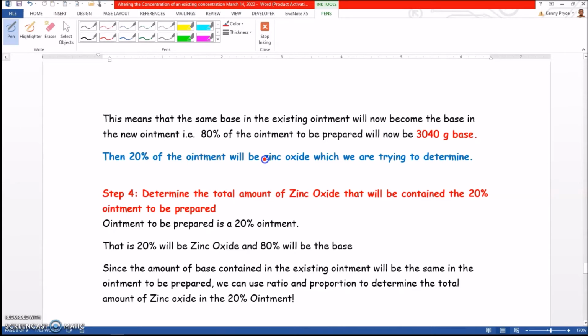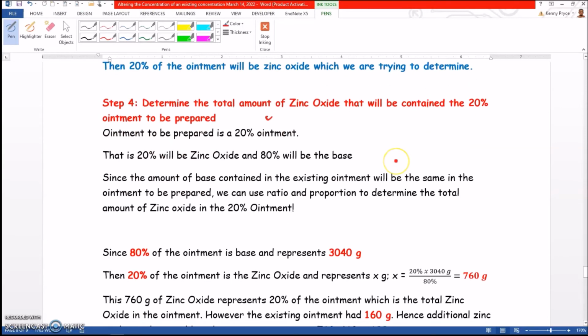That is, 80% of the ointment to be prepared will now be 3040 grams, which represents the base. That means the 20% ointment will be zinc oxide, which we are now trying to determine. So step 4 is to determine the total amount of zinc oxide that will be contained in the 20% ointment that is to be prepared.